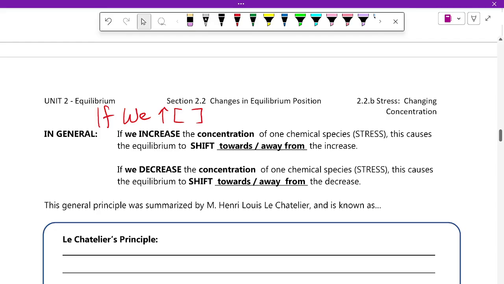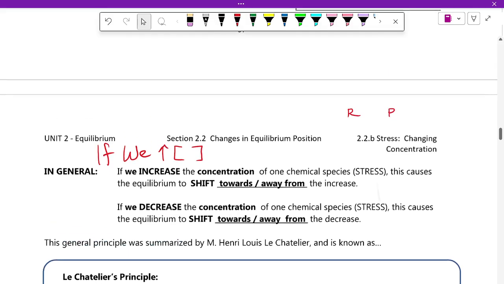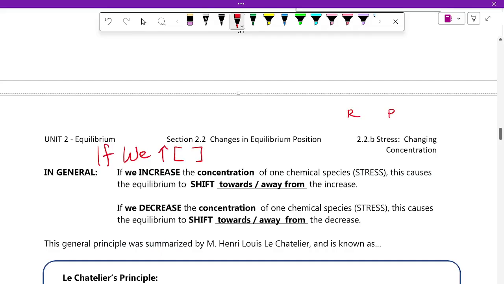Okay, and if you did watch the video, I'm going to do a quick little thing here. So we have our reactant and we have our product. And if I increase concentration of reactant, I'm going to put a little pulley here. Can you guys imagine a little pulley?